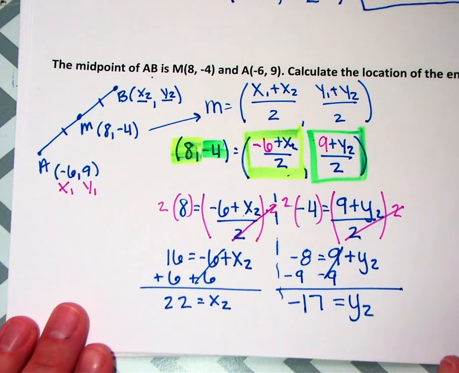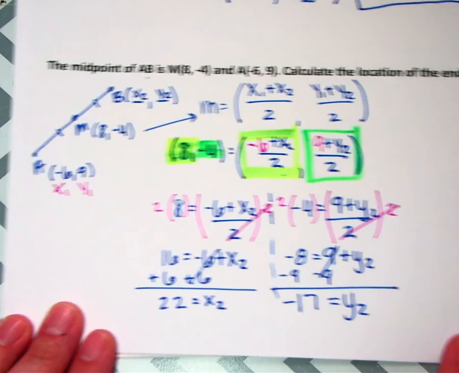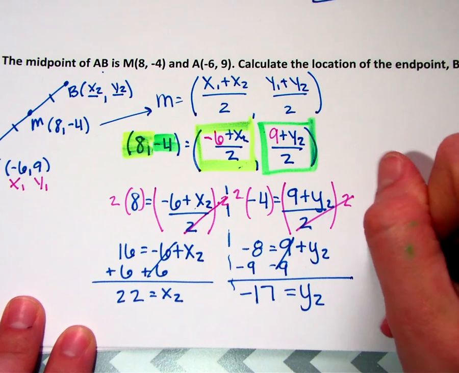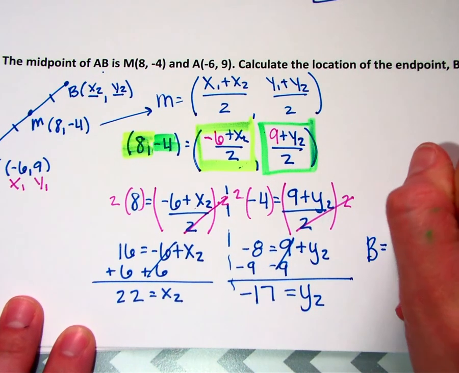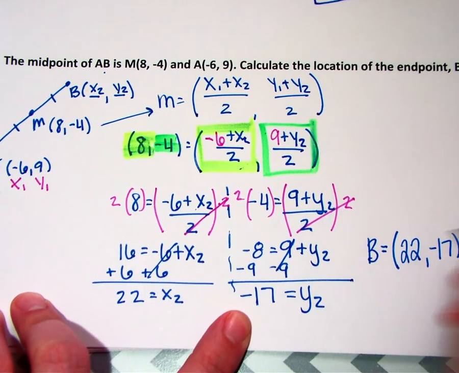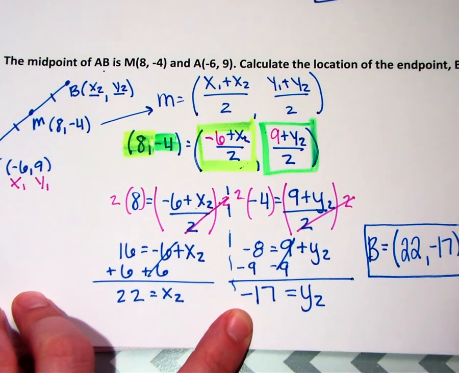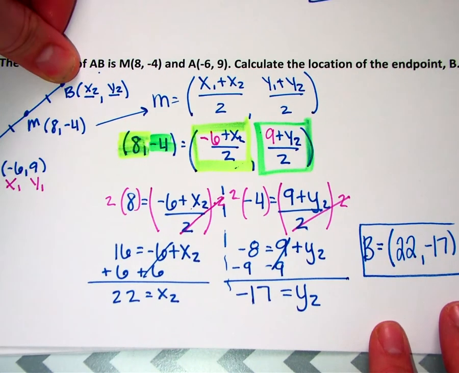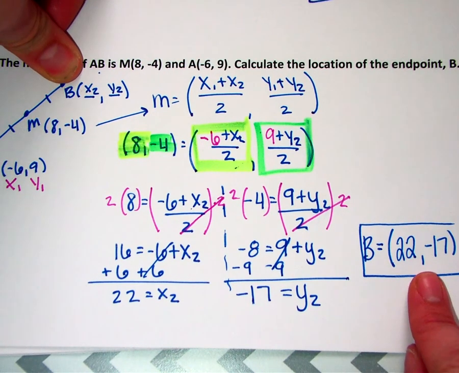What I'm going to do from here, that's actually the location of B. So my final answer is going to be put into parentheses. X first, then y. So the location of my other endpoint, B, is 22, -17.